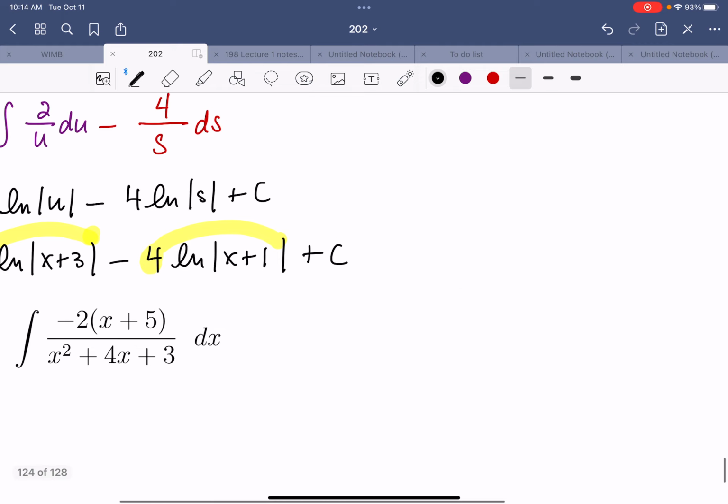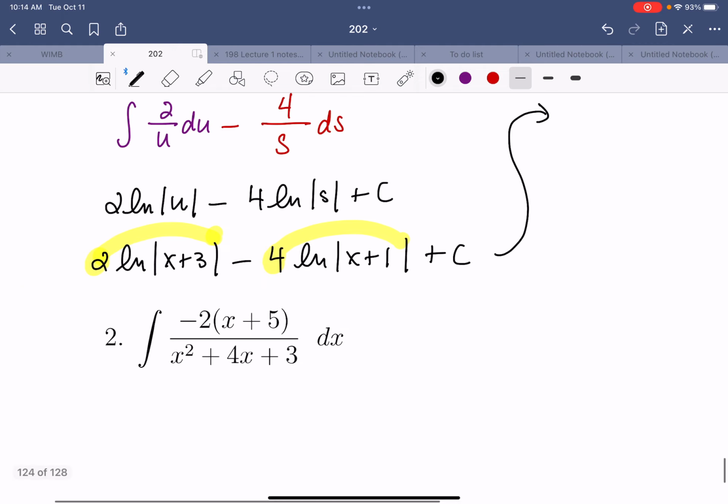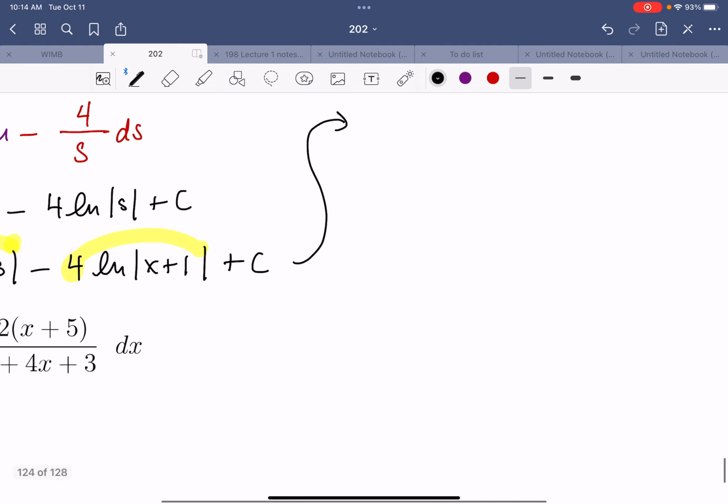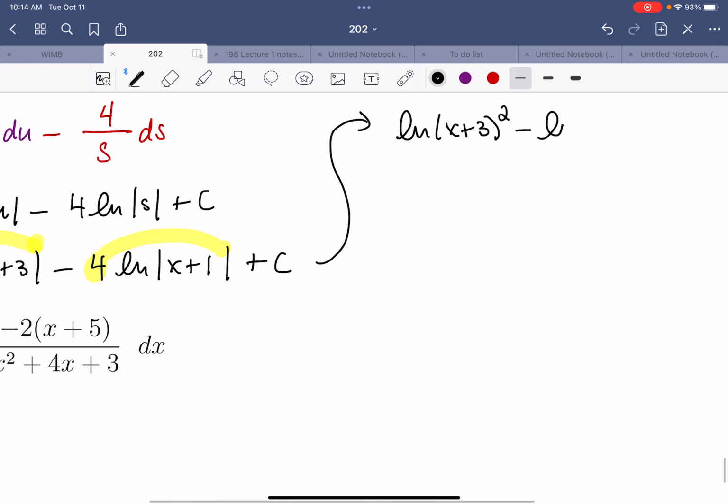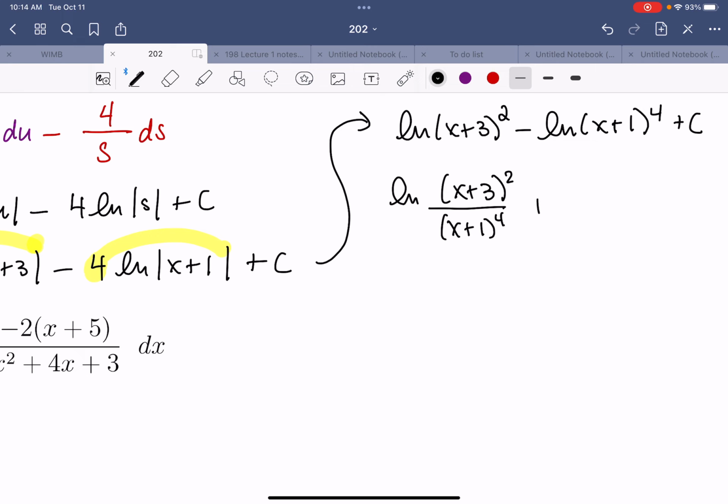So this becomes the natural log of x plus 3 squared minus the natural log of x plus 1 to the 4th plus c. And then subtracting 2 natural logs, you can bring that back together if you want, like this. Using subtraction becomes division. And so you get a nice little solution.